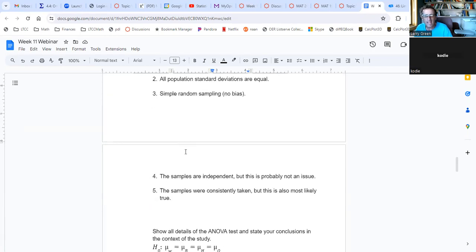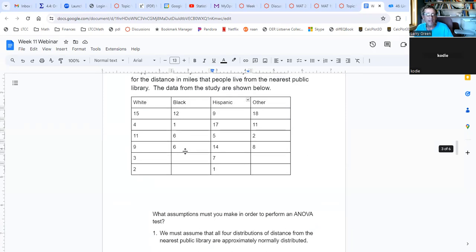So now let us do ANOVA. Let's conduct the ANOVA experiment. Okay, so again, we have white, black, Hispanic, and other.